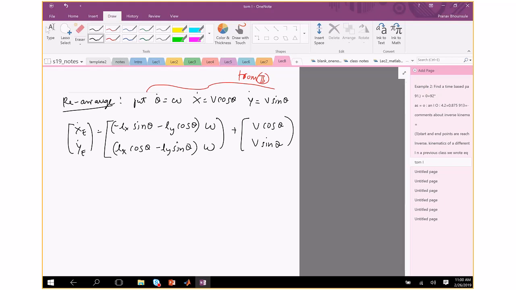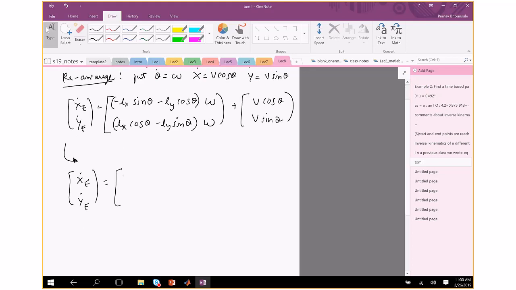Okay, we can simplify this a little bit, and before we actually do the inverse kinematics, I'm almost done with the math here. X dot, y dot, I'm going to write this in a slightly different way so that v and omega come out of the expression, sort of club them together.